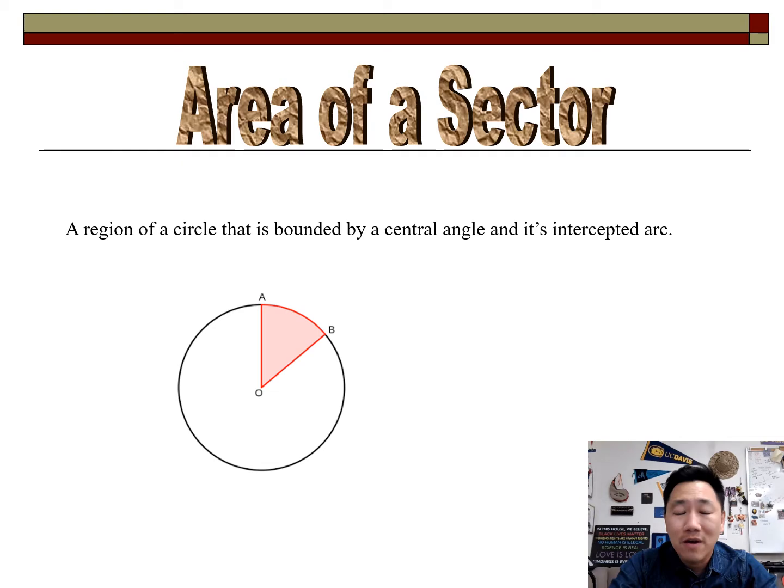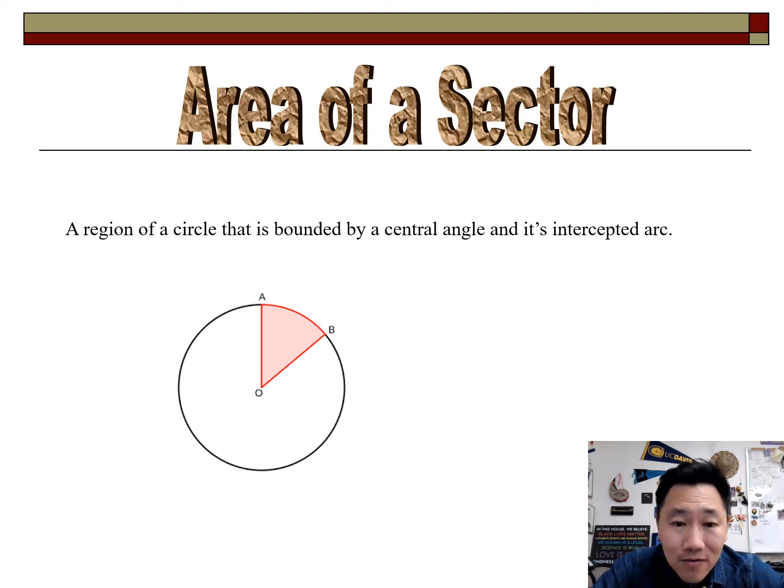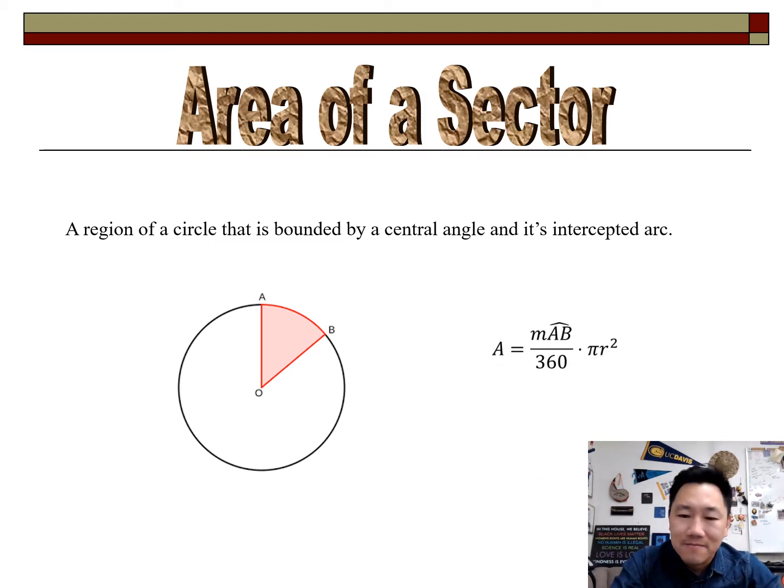All right, so if I want to find the area of it, how do we do that? Obviously we know how to find the area of a circle, but then we want to just find a fraction of that circle. So you should think that the formula requires using the whole circle and then a fraction of it. And so there it is.